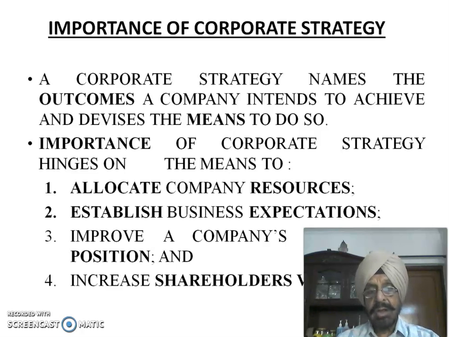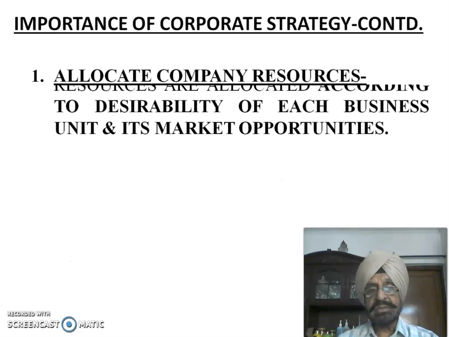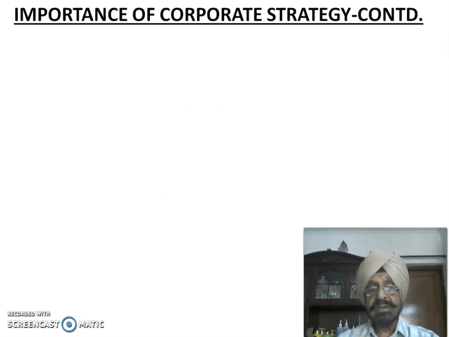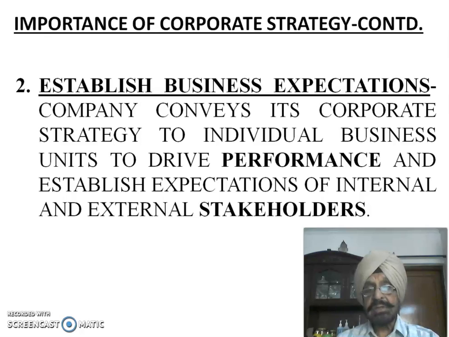Let us see a small explanation. We have already seen allocation of resources. During strategic planning and budgeting, a company assesses the performance of each business unit, and based on its findings, the resources are allocated according to the desirability of each business and its market opportunity. The second was establishing business expectation.